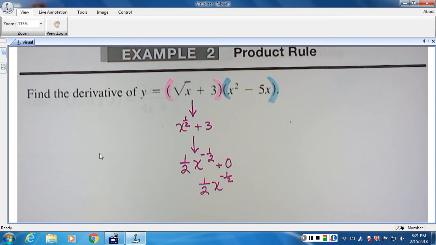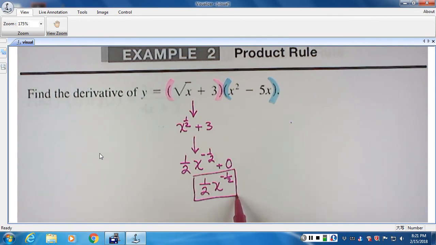But I try to do as little simplification as I can, because the more simplifying you try to do, the more likely you are to make a mistake, and then later on that mistake gets compounded. So as far as I'm concerned, I'm done. This is the derivative of the first factor.